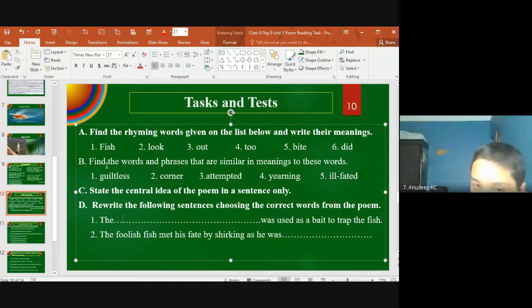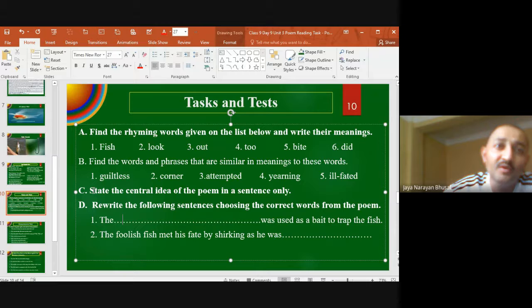So the worm was used as a bait to trap the fish. Okay, central idea of the poem. I gave you three, four things. Okay, these are the central ideas. But you can take any one which is major, like being obedient, observing situations and thinking carefully before we make decisions, not taking decisions without observing, or always listening to elders.